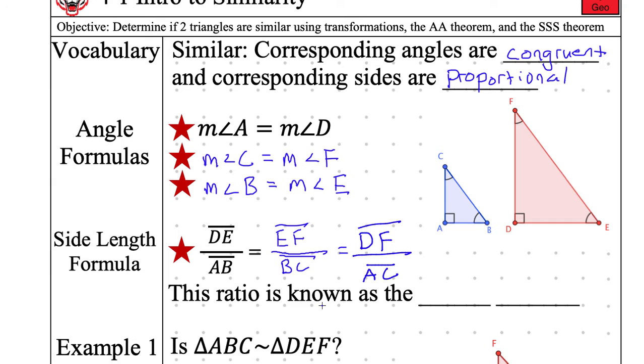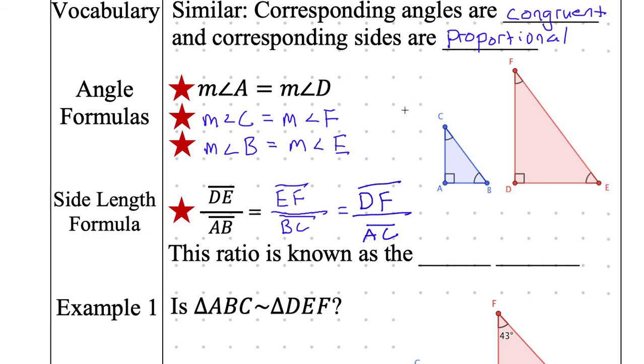So we're taking it a step further. We can't just say it's equal to, we have to say it's proportional to. All right. And this ratio, this number here, maybe this number was 2, 2, and 2. That number is known as the scale factor. And I'm going to be using that word a lot. And you've already heard this word before.